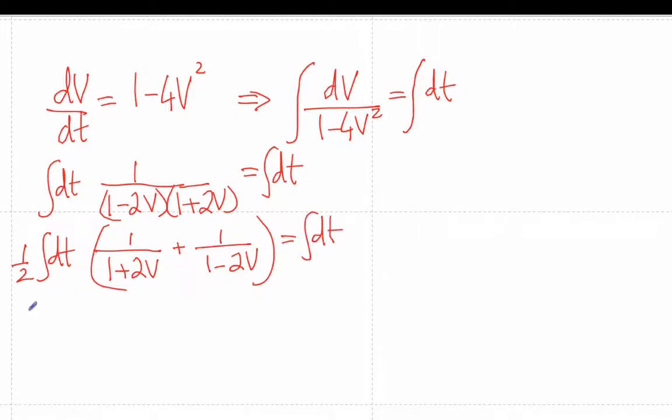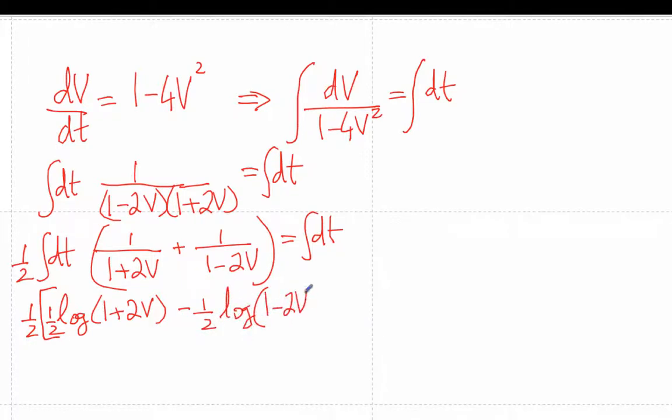Now, we can easily integrate this. This becomes half, and this becomes log of 1 plus 2v, but we've got to divide this by half. And then from here, the only difference will be a minus sign, and here I'm going to get log of 1 minus 2v, and that's equal to t plus a constant.